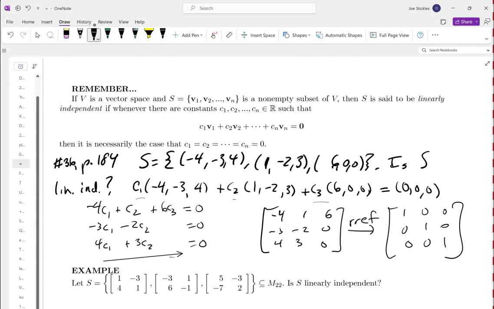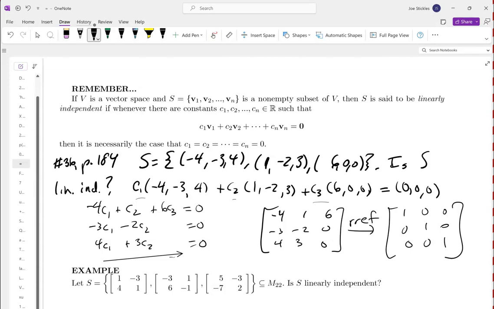But notice what that means. Remember, we talked about this on Monday. If it's a spanning set, there exists a linear combination that gives us every single vector in the space, right? Linear independence is going to give us something also important. The kind of dual notion of existence is what? Usually in math, we try to prove existence and uniqueness, right?